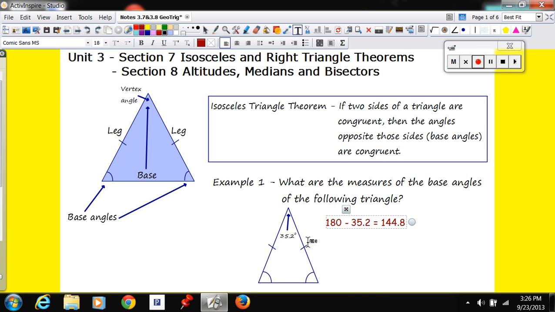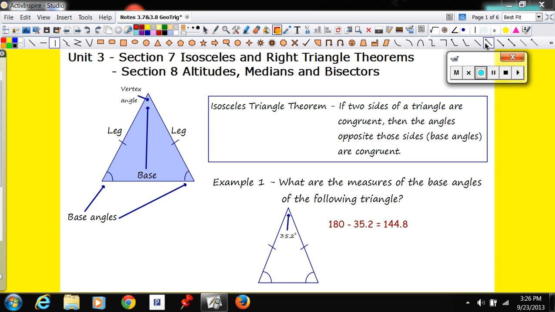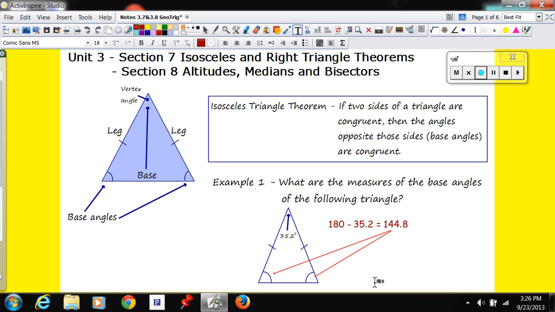Now that 144.8 needs to be broken up into these two angles, this angle right here and this angle right here. And it has to be broken up evenly. So I can take that 144.8 and divide it by 2, just cut it in half.